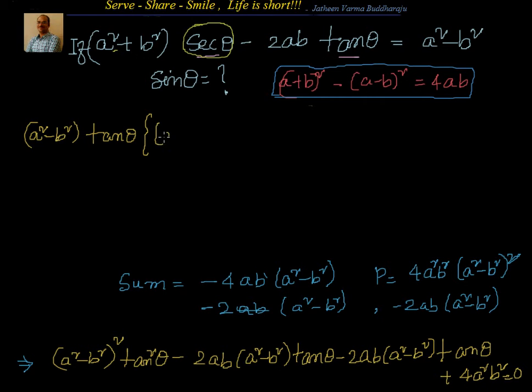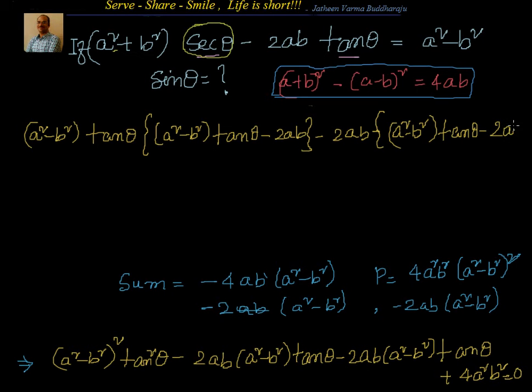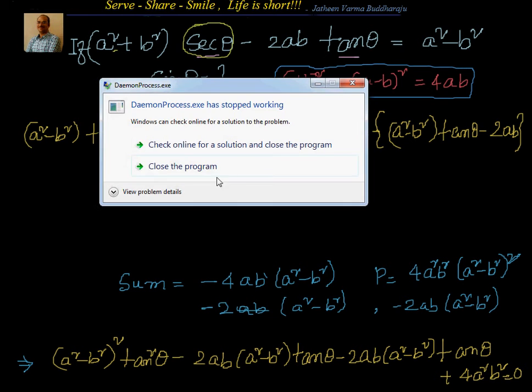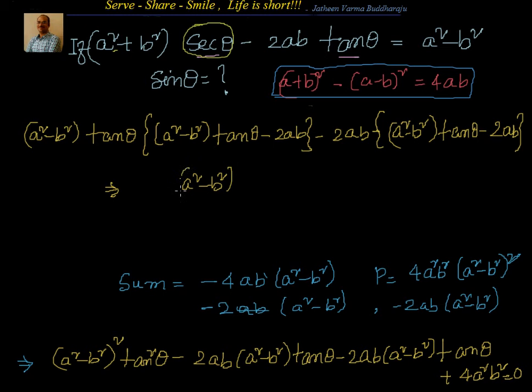If I take it common, I'll have (a² − b²) tan θ minus 2ab, minus, I can take 2ab common in the next two terms, so I'll have 2ab times ((a² − b²) tan θ minus 2ab), which is equal to ((a² − b²) tan θ − 2ab) whole squared equal to 0.